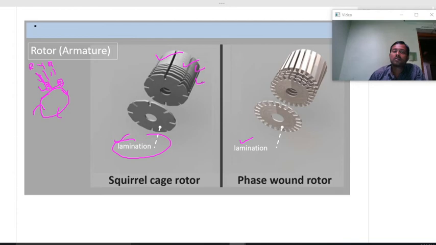If the rotor core experiences flux, then an EMF is induced inside the rotor. If laminations are not provided, more heat will be produced. If you place the laminations like this, the current available in a lamination is restricted to that lamination only. This current cannot flow from one lamination to another. That's why laminations are used, to reduce eddy current losses.